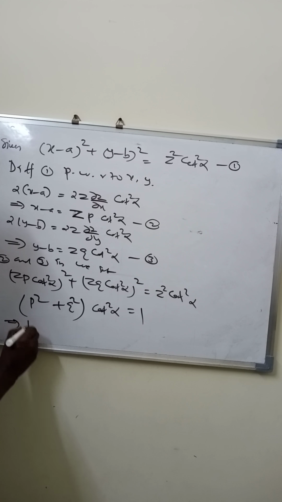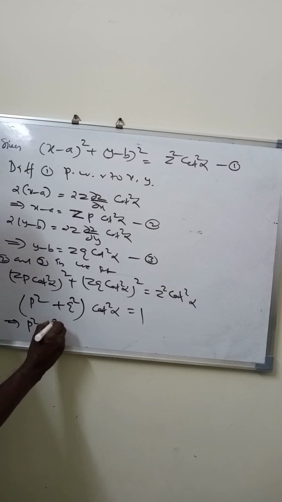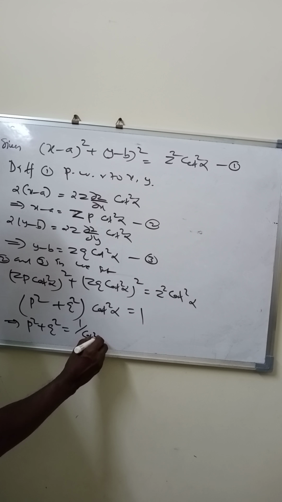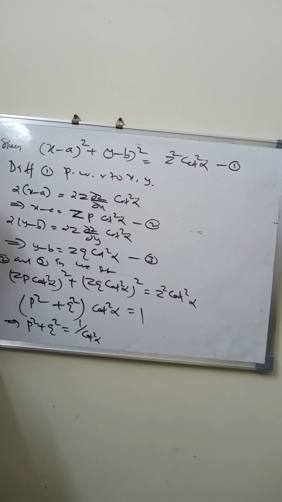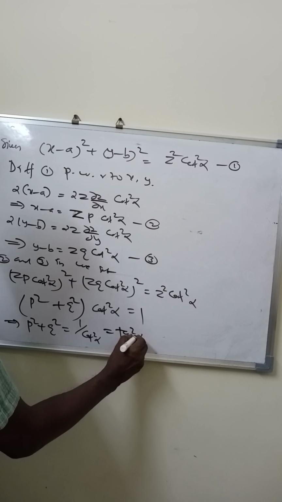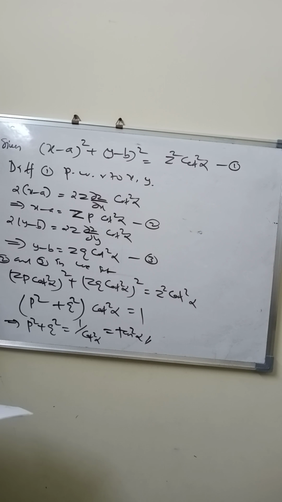That implies p square plus q square equals 1 by cot square alpha, equal to tan square alpha, which is the required partial differential equation.